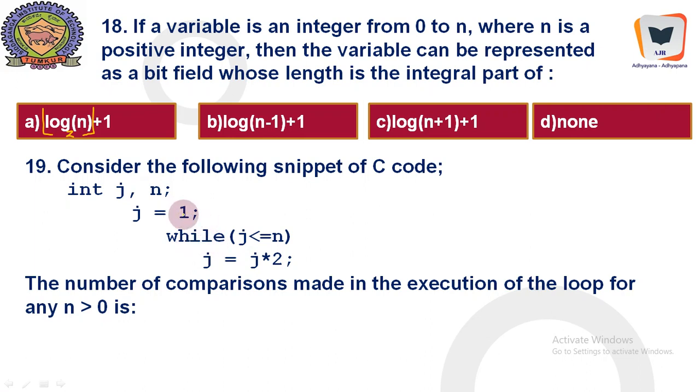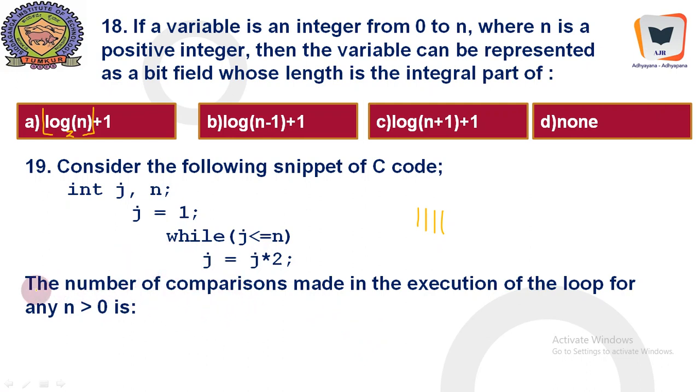It starts with j equal to 1, definitely this is true, so the first comparison happens. Then j becomes 2, second comparison happens, then it becomes 4, third comparison happens, then it becomes 8, and since it is less than or equal to n, the comparison happens, and the body is executed. Therefore it takes 4 comparisons for 8.